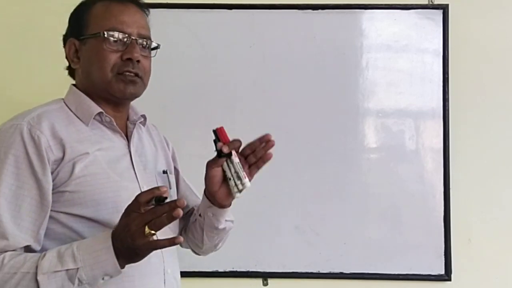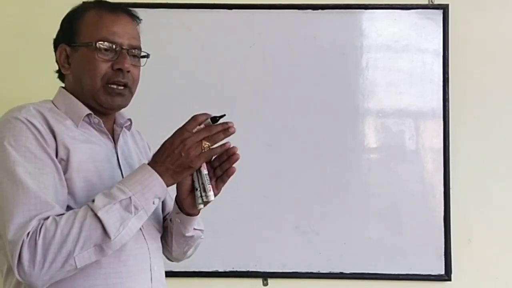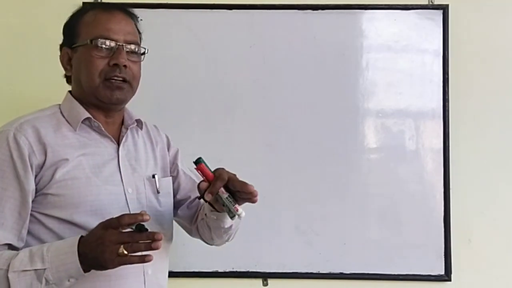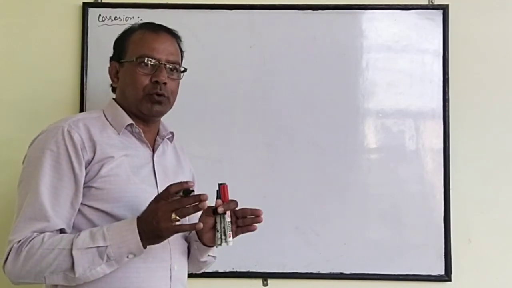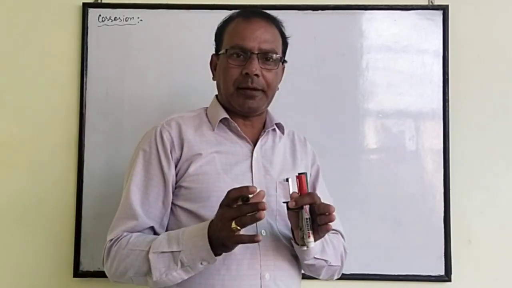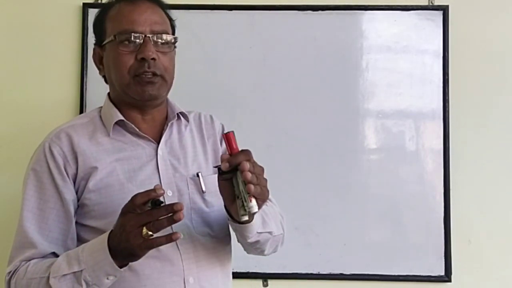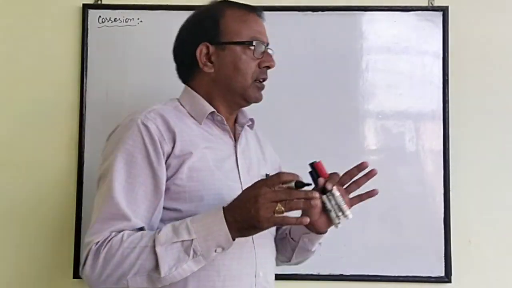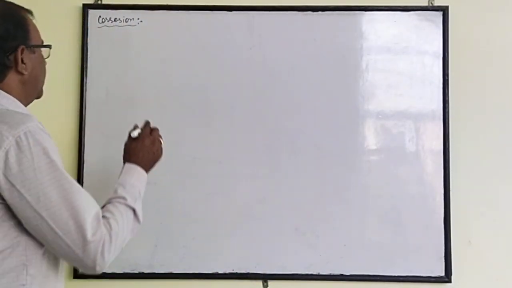This dullness shows that aluminium reacts with oxygen and forms aluminium oxide. So when we expose any metal to air, it reacts with oxygen and a thin layer is deposited on the metal. This process is known as corrosion.